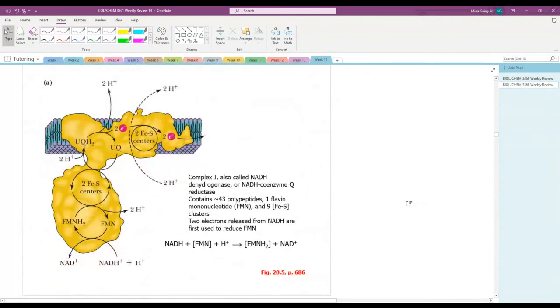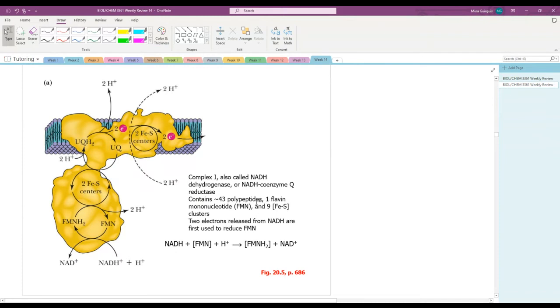Okay? So here is complex 1, what we're actually dealing with. Complex 1 is called NADH dehydrogenase because that's the easy name for it. More specifically, it's called NADH coenzyme Q reductase. Why? Because NADH is one of its substrates, coenzyme Q is its other, if you want to think of it in terms of substrates. This thing is huge.